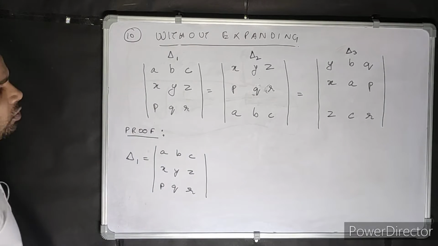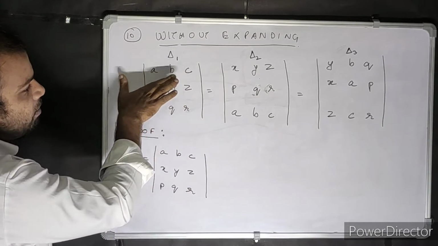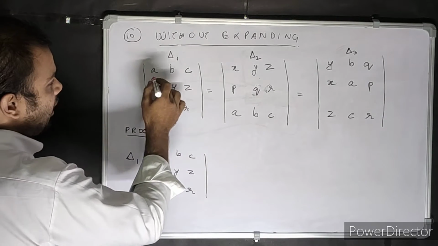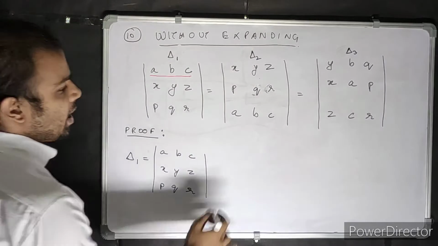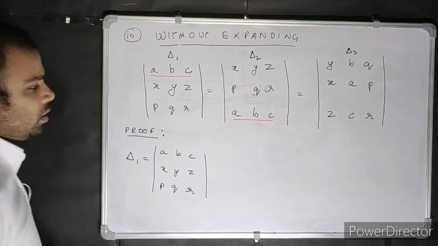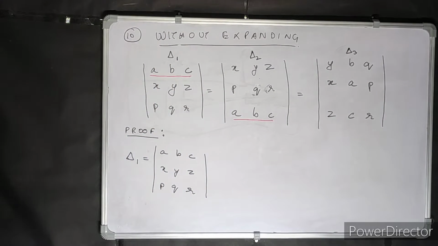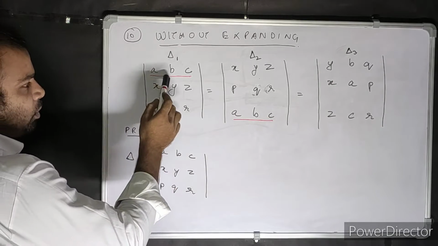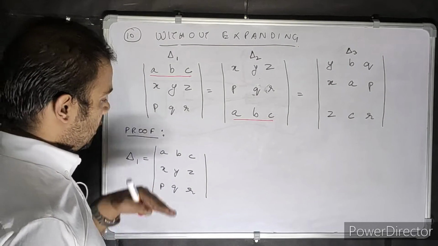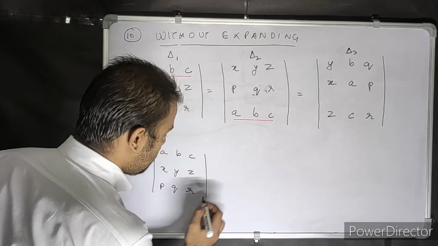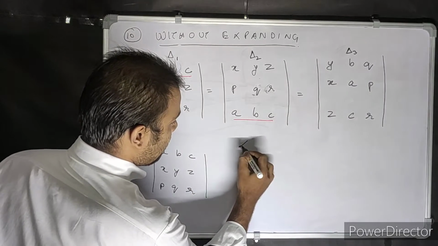If you look at determinant number 2 very carefully, the A, B, C that was in the first row has now gone to the last row.